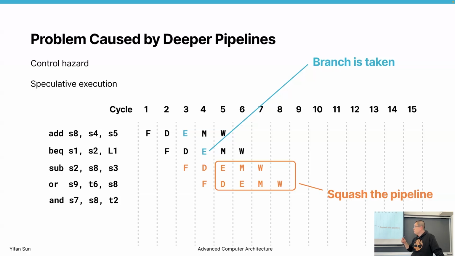I don't want to go too deep, but it's basically because we predict it will execute this way. So we issue some instruction into the memory system. It's very likely to be a cache miss at the beginning, right? But it's already issued to the memory system and we cannot call it back. So it will go on to the L2 cache to the memory and bring it to the L1 cache.